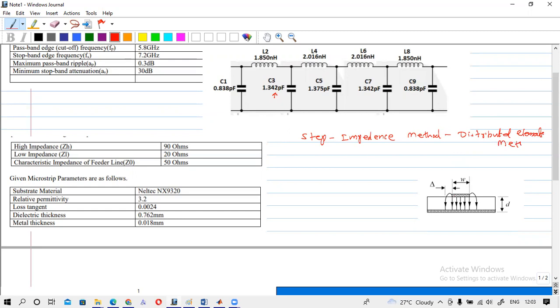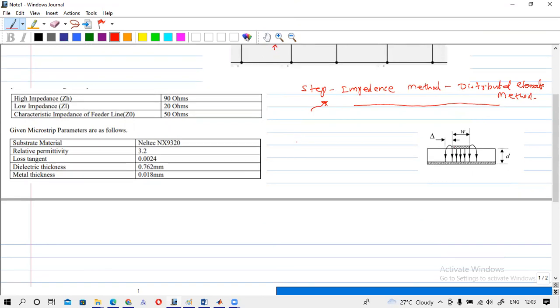We are going to implement our LPF design using this technique. Actually here we are going to use microstrip lines.